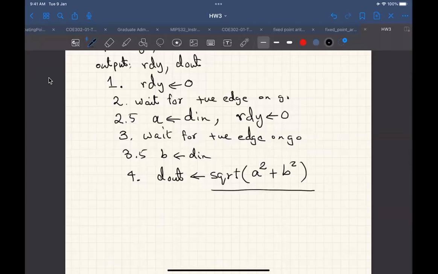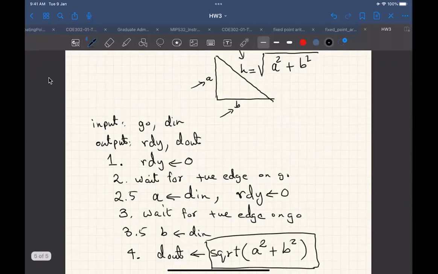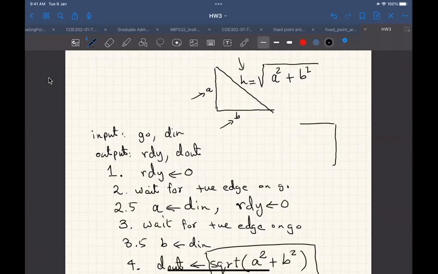Now, for this, we are going to assume that we have another component, and we do have another component called the square root. It takes another go and another dn.